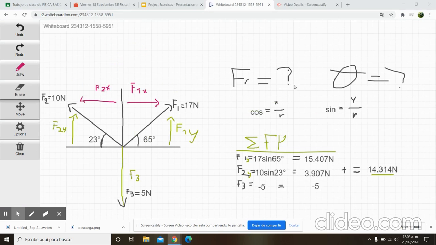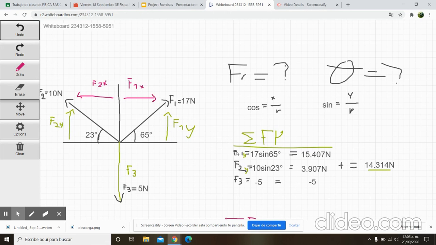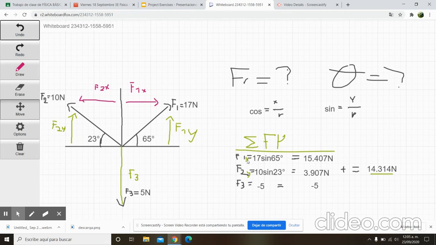Well, in order to do this more quickly, I already added the values, so I'm just going to explain. In force 1 we have force y. In order to get force 1y, we put the force and the sine, like the formula says.